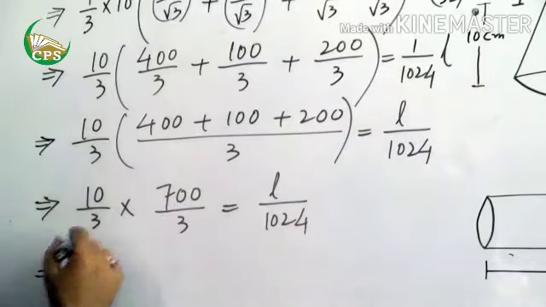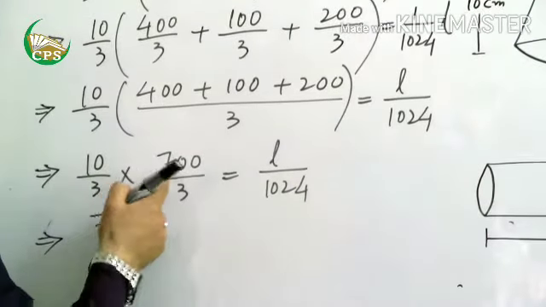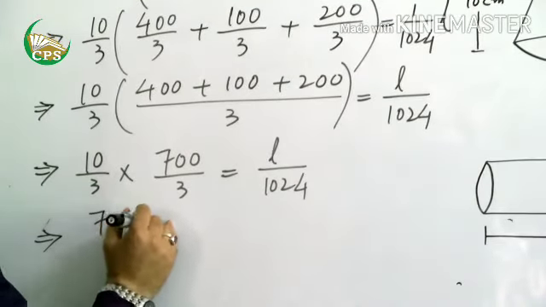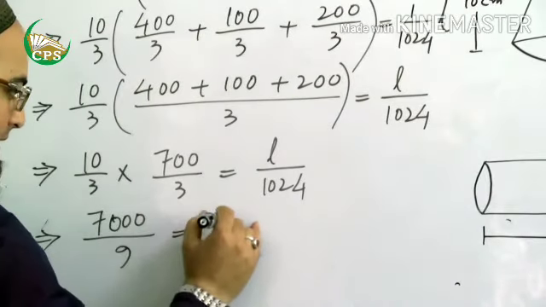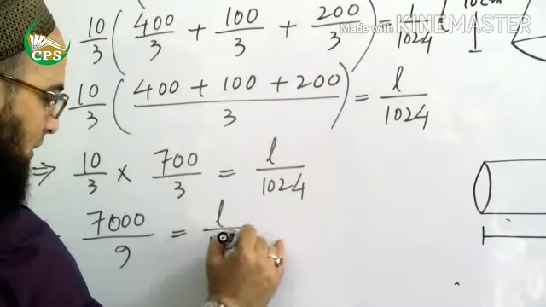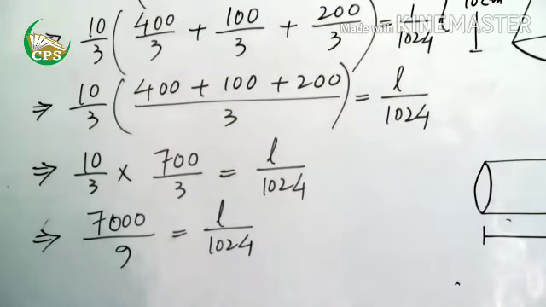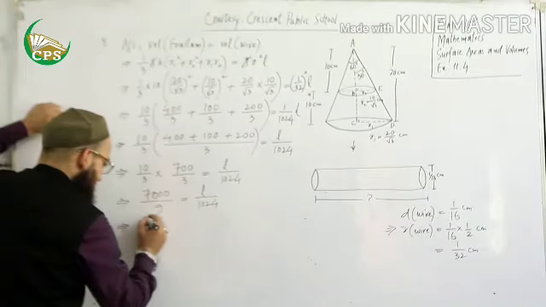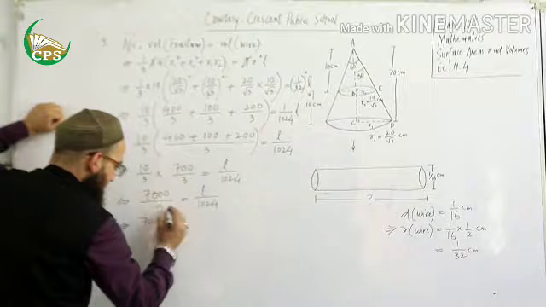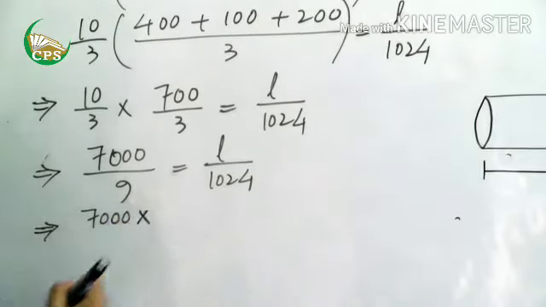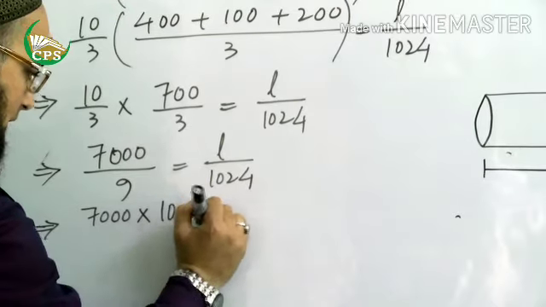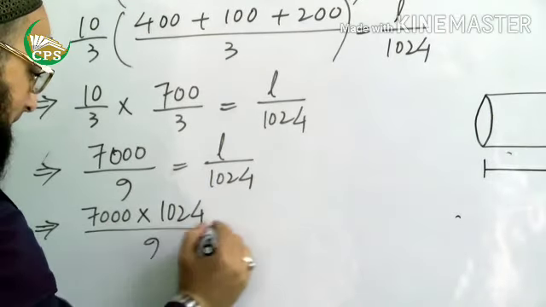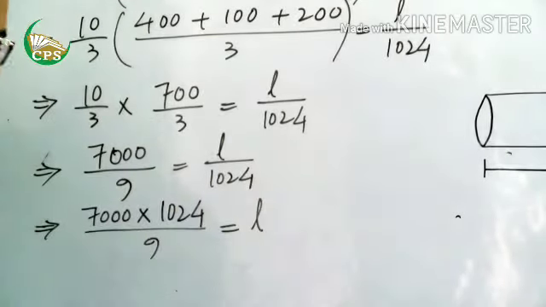Then I have 700 times 10, that is 7000, divided by 3 times 3 is 9, is equal to L divided by 1024. The next I can go 7000 times 1024 divided by 9 is equal to L.